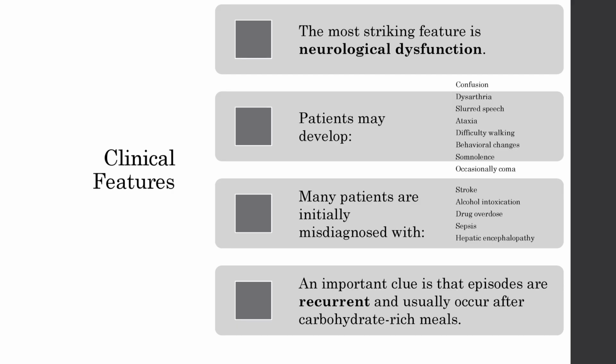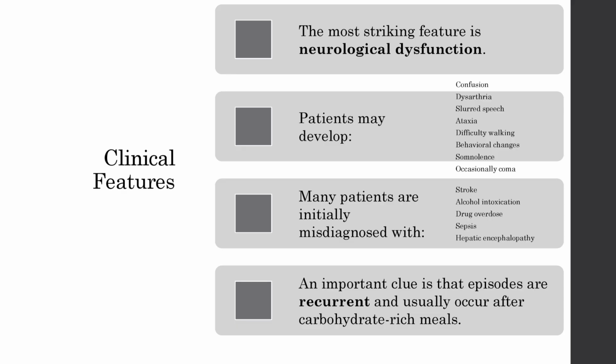The most striking feature is neurological dysfunction. Patients may develop confusion, dysarthria, slurred speech, ataxia, difficulty walking, behavioral changes, somnolence, and occasionally coma. These neurological symptoms often appear out of proportion to the degree of metabolic acidosis.